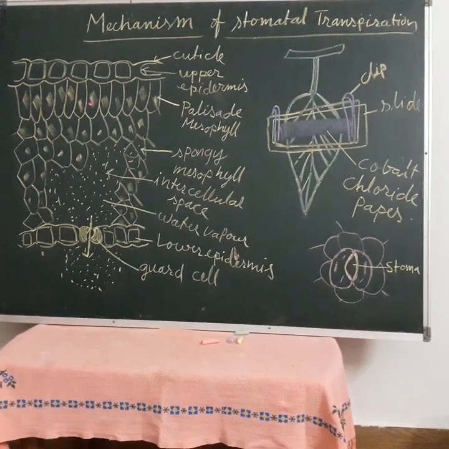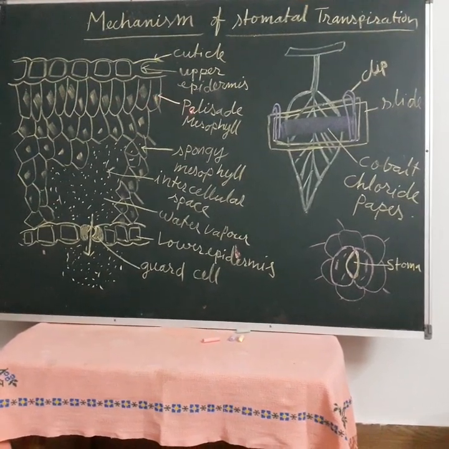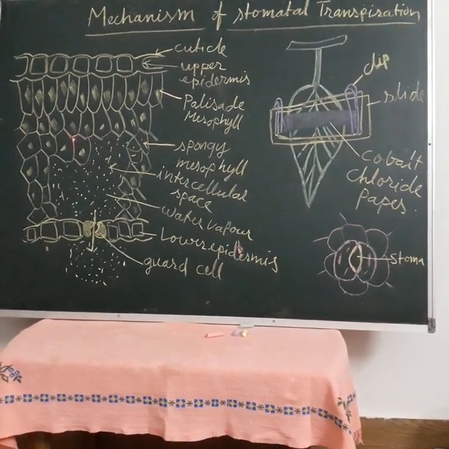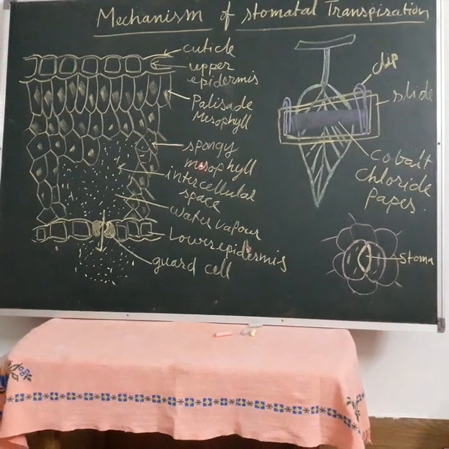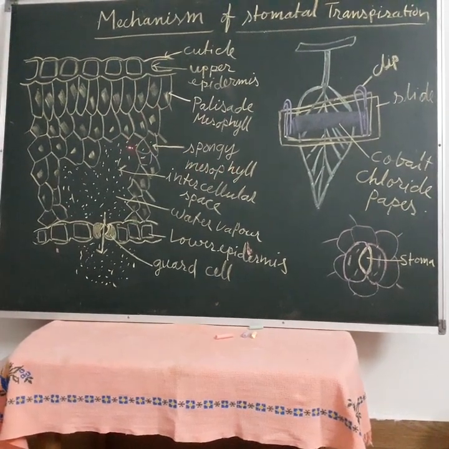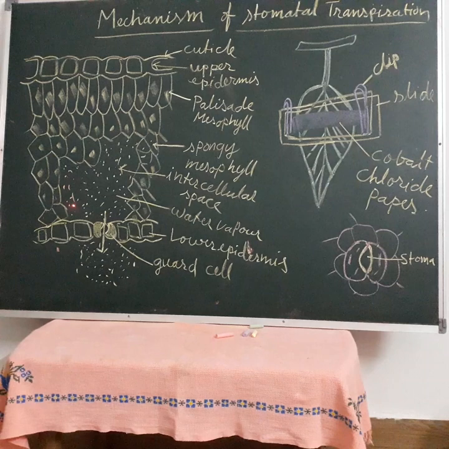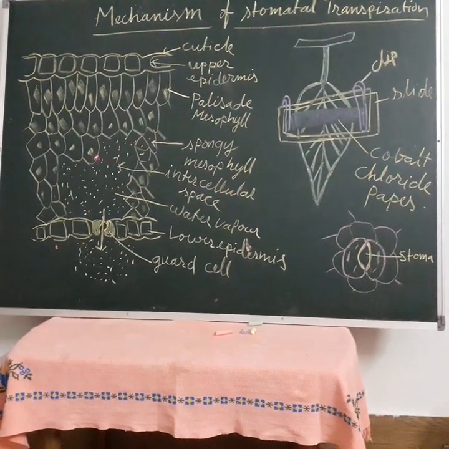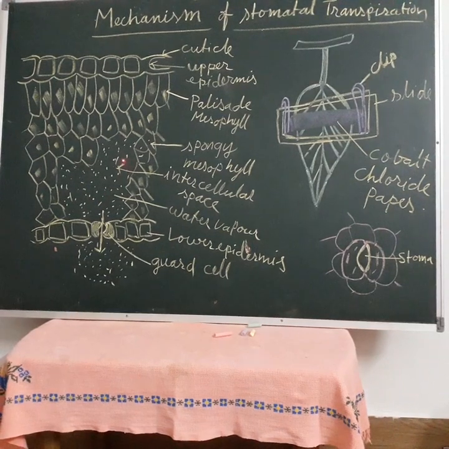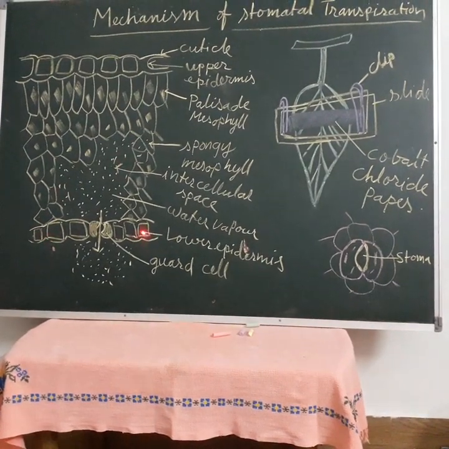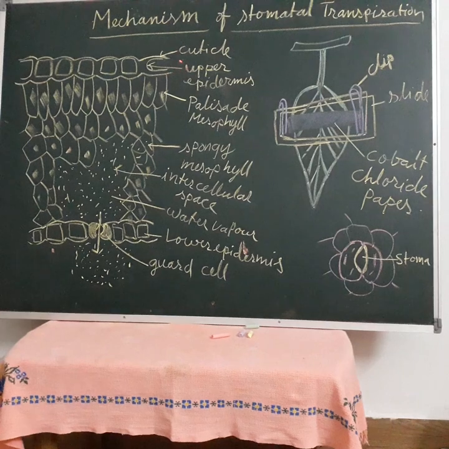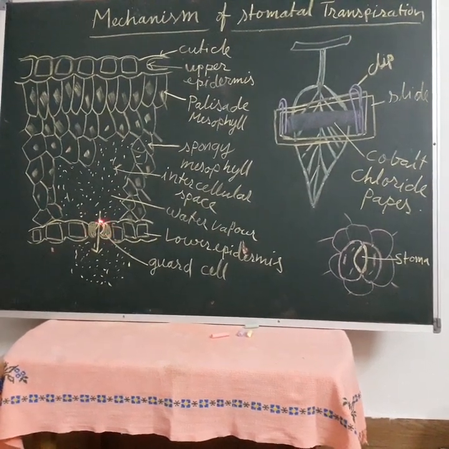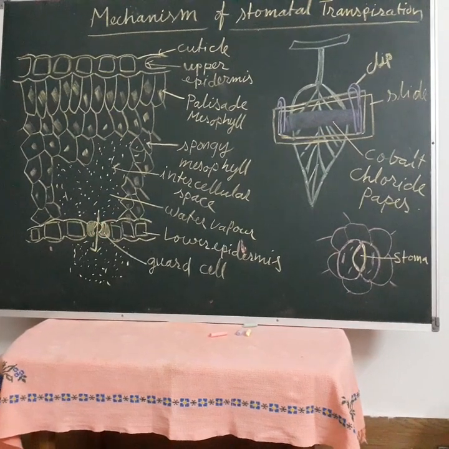Below you can see these cells. These cells are palisade mesophyll cells, and these are spongy mesophyll cells. And here you can see the intercellular space, and you can see the lower epidermis. This is upper epidermis, this is lower epidermis, and the guard cells, stoma.